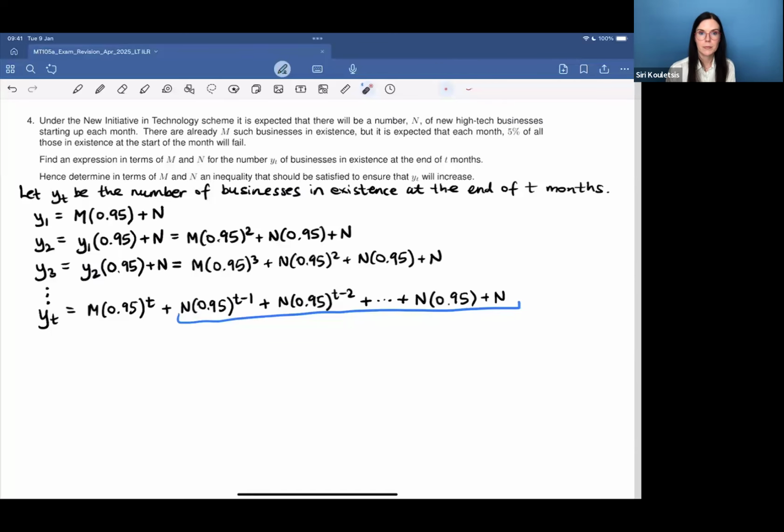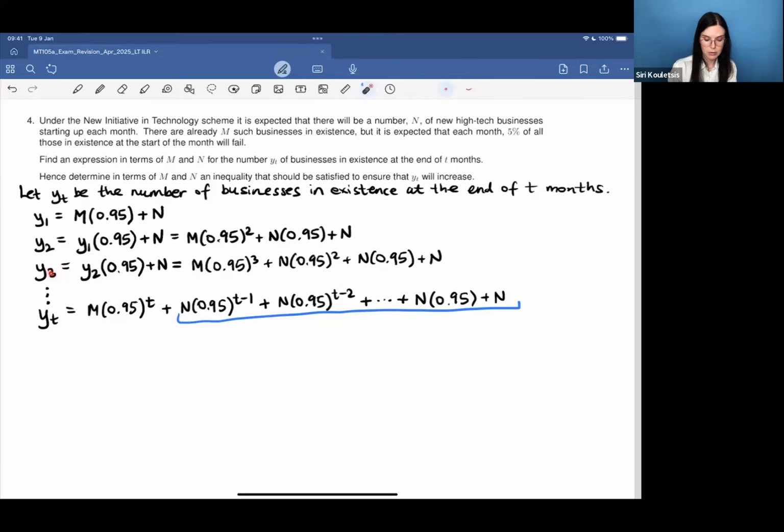And perhaps that's where sometimes things get unclear, because how do we count here up to t minus 1? Is it t minus 1 terms? Is it t? Is it t plus 1? How many are there? One trick is just to go back to, let's say, Y3.